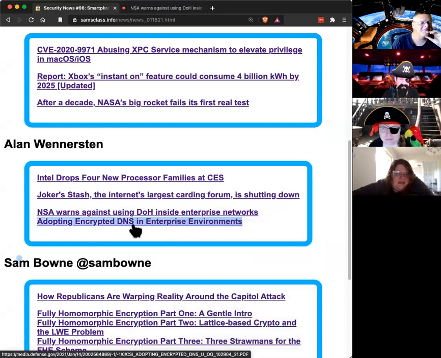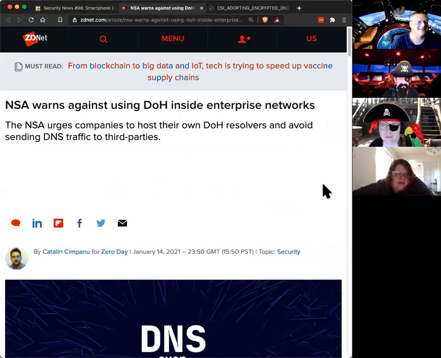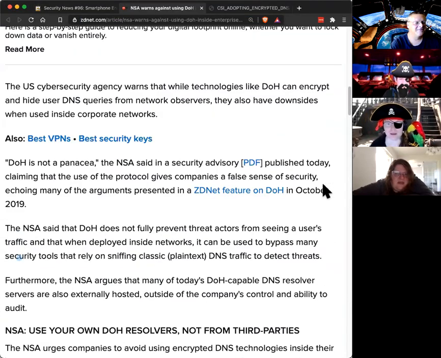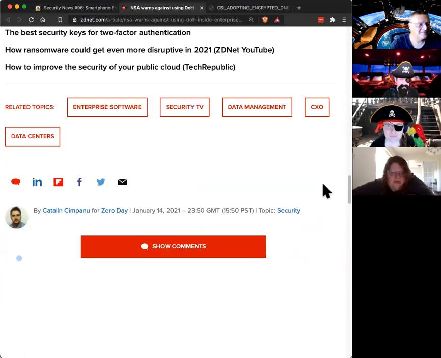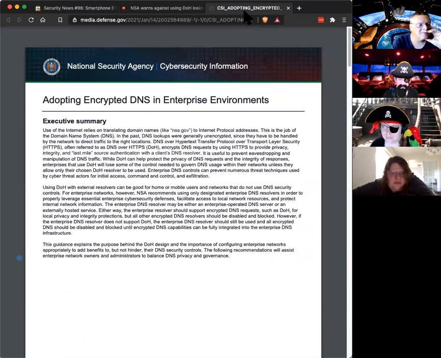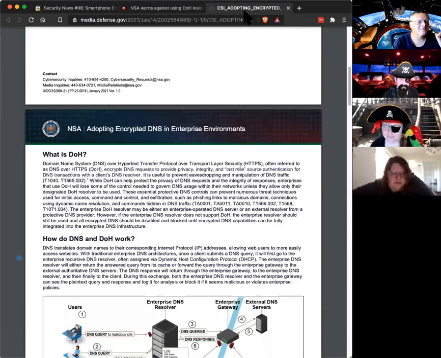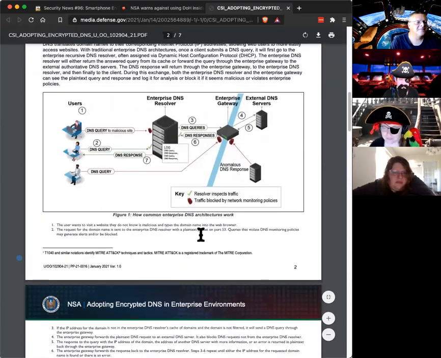Yes, so the NSA has issued a warning to enterprises, mostly encouraging them to avoid using DoH, DNS over HTTPS, which is the new, much more secure, much more private way of sending DNS queries and responses.